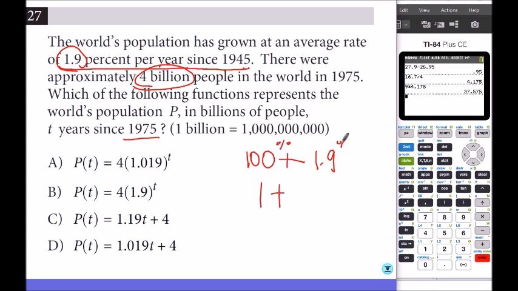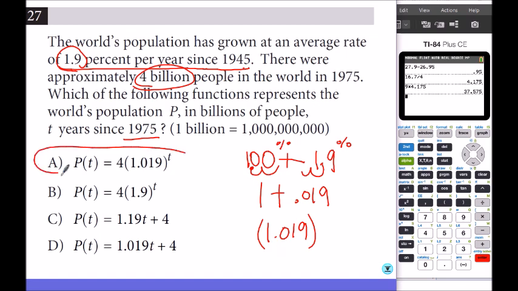So if you write it in decimals, when you move 2 decimals, 0.019, which is 1.019 rate of change, and raise it to T. So it has to be A, right? 4, and it's increasing, 1 plus the ratio. If it's decreasing, it's 1 minus that ratio.